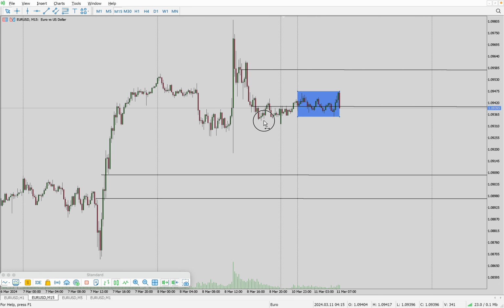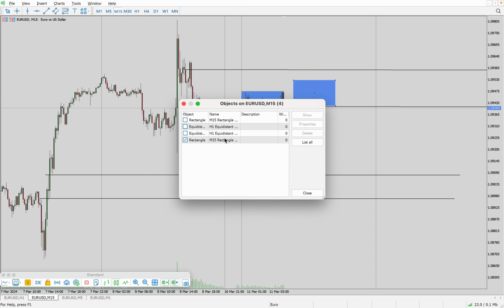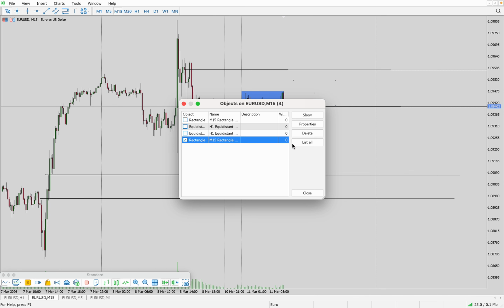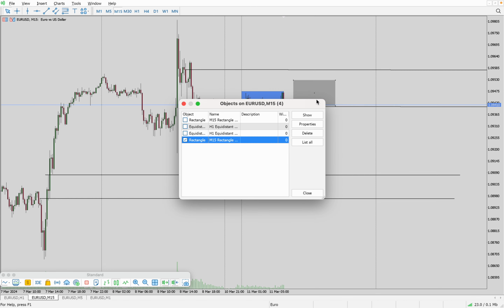So I'm going to take this box, and I want to paint it gray. I'm going to use a slate gray. What's this? Gains bar. Okay, Gains bar is good. Gains bar is the same color as the chart. Dark gray is also good. Okay.